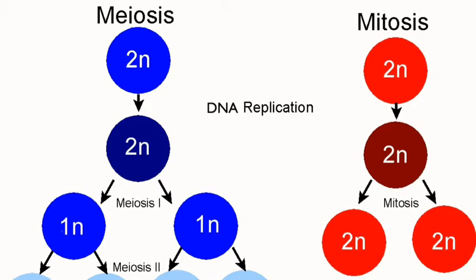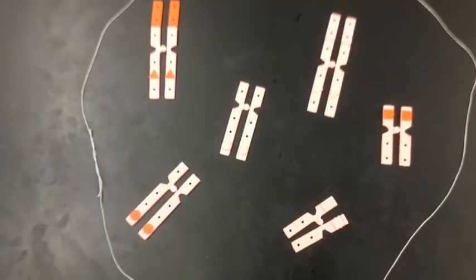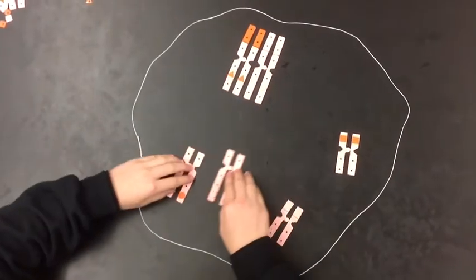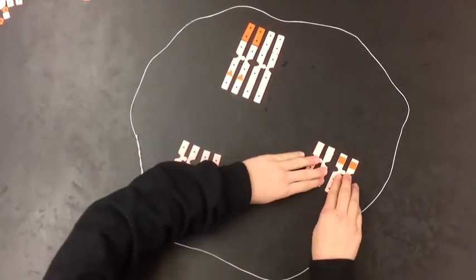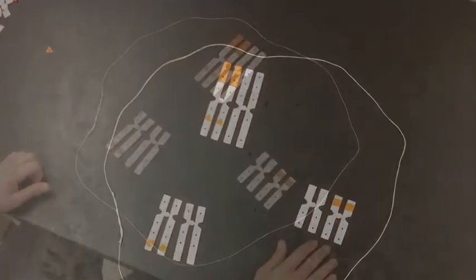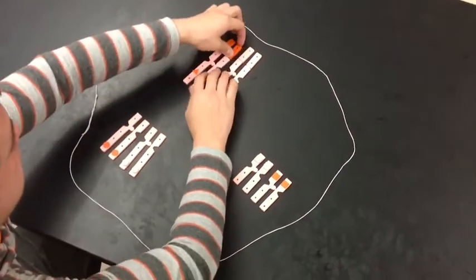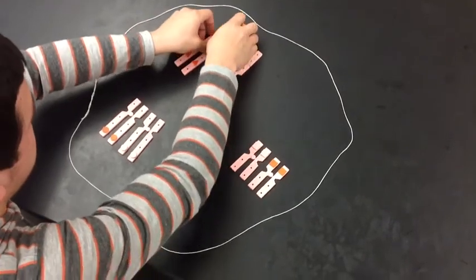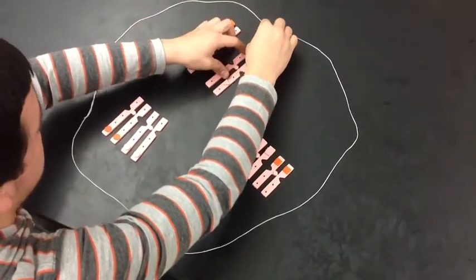Now, onto our demonstration. First, duplicated chromosomes find their homologous pairs, as shown here. Next, crossing over occurs. This is the stage in which genes from each homologous pair are shared.